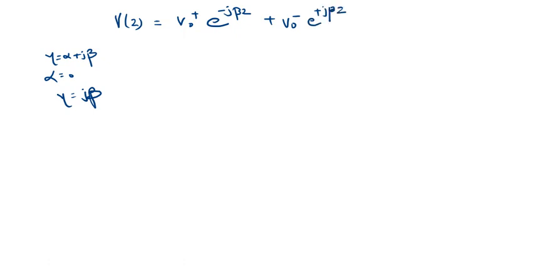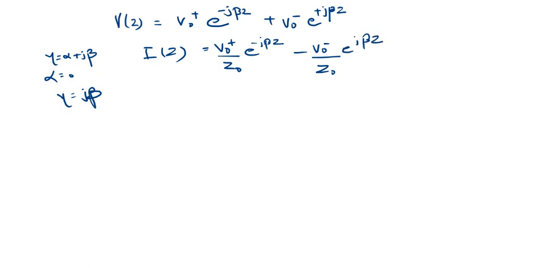Very simple. And what is Iz? Again, I have taken capital notation for V and I because it is in phasor form. Iz equals V naught plus divided by Z naught e raised to the power minus j beta z minus V naught minus divided by Z naught e raised to the power j beta z.